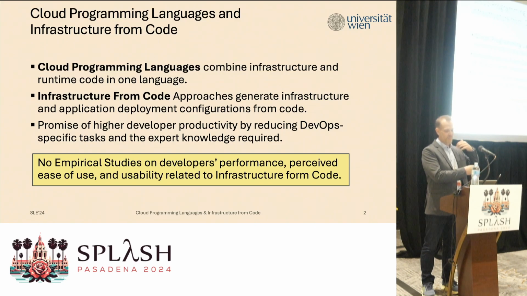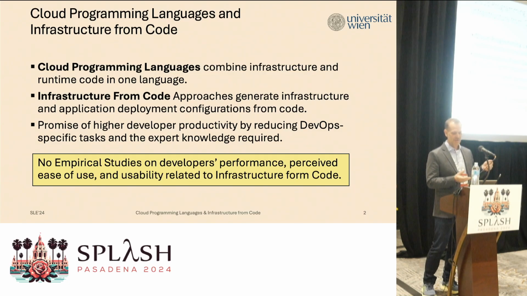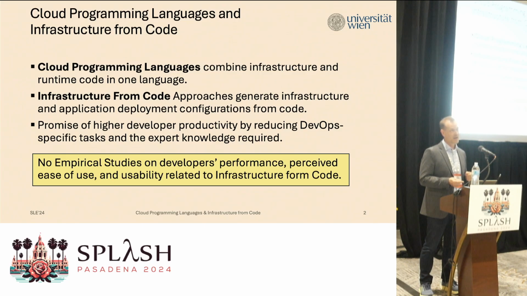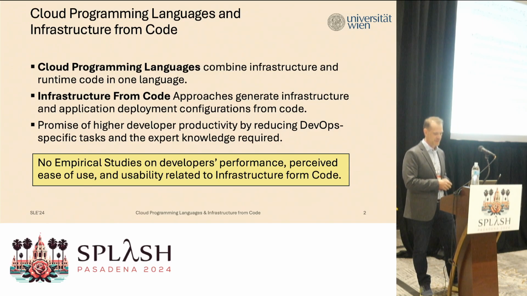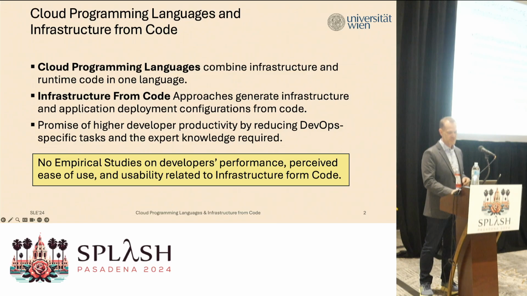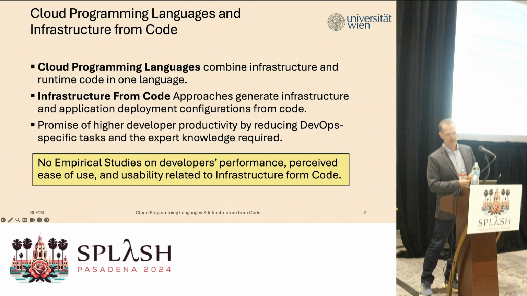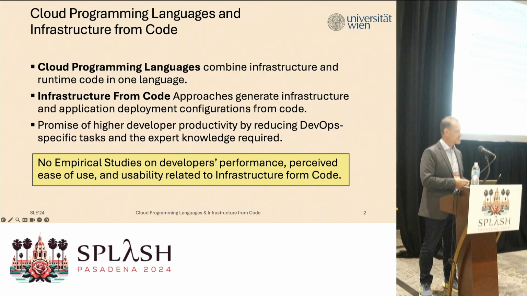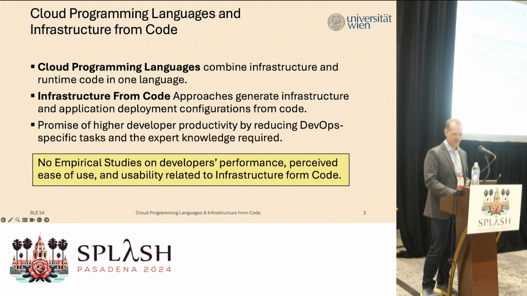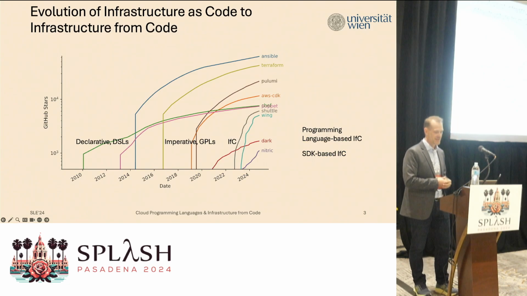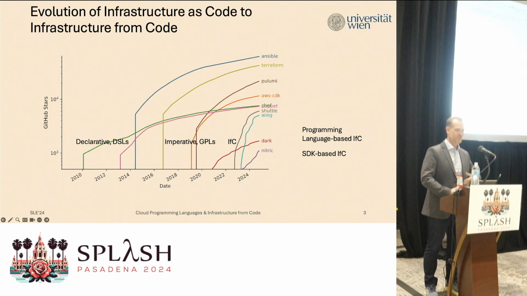They can provide powerful abstractions, but we don't know how they affect the cognitive load of developers, and we don't know if they improve overall productivity and system maintainability. So, to close this research gap, we conducted a controlled experiment with 40 participants and evaluated supporting factors and barriers with a qualitative approach. So let's have a look at the evolution of infrastructure as code to infrastructure from code.